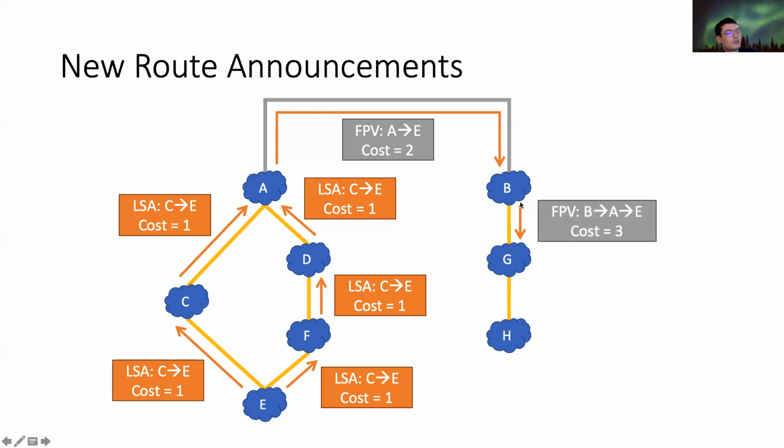And now when it reaches B, B will say, hey, now B goes to A and then A can deliver to E. The cost is 3 because you have another gray link here. And then when it goes to G, also broadcast it. Internally, you don't really need this, so this is called a fragment path vector. The fragment means you only need the border gateways, the tier 1, these gray links and end nodes.